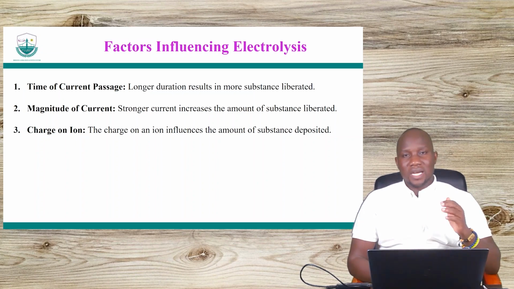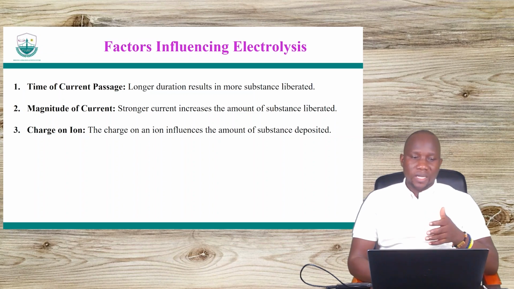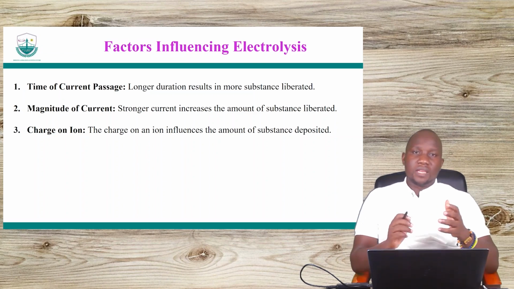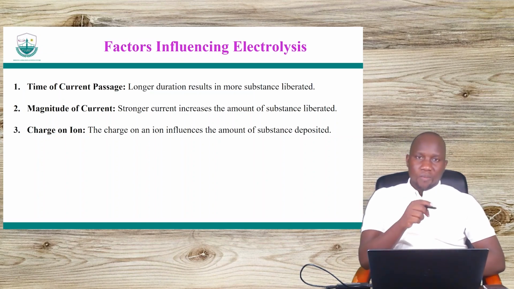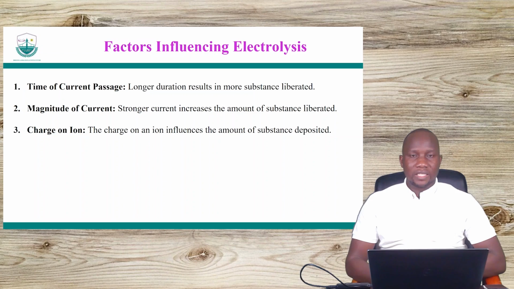So that means that the amount of electricity that you pass will influence the chemical reaction that is going to take place at the electrodes or within the electrolyte. The amount that you pass is also directly related to the time for which you pass this electricity. That is also very important.